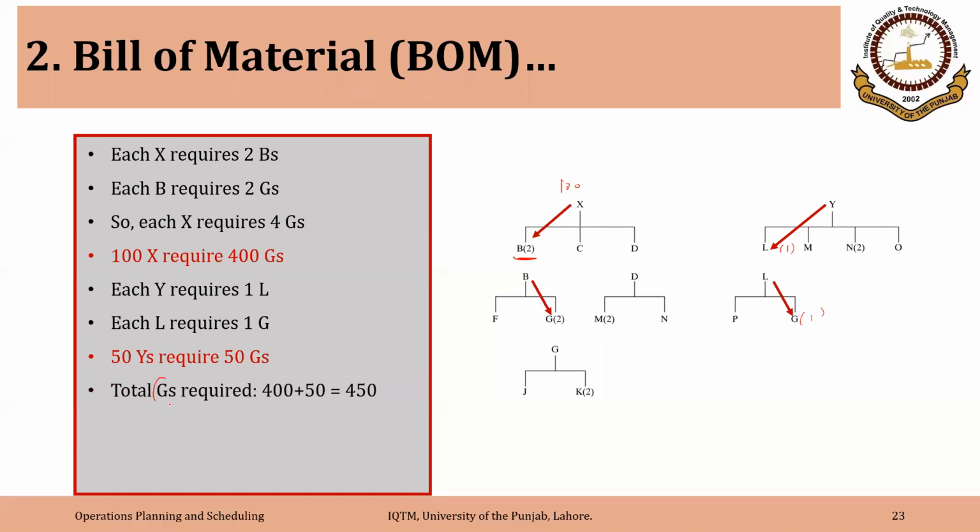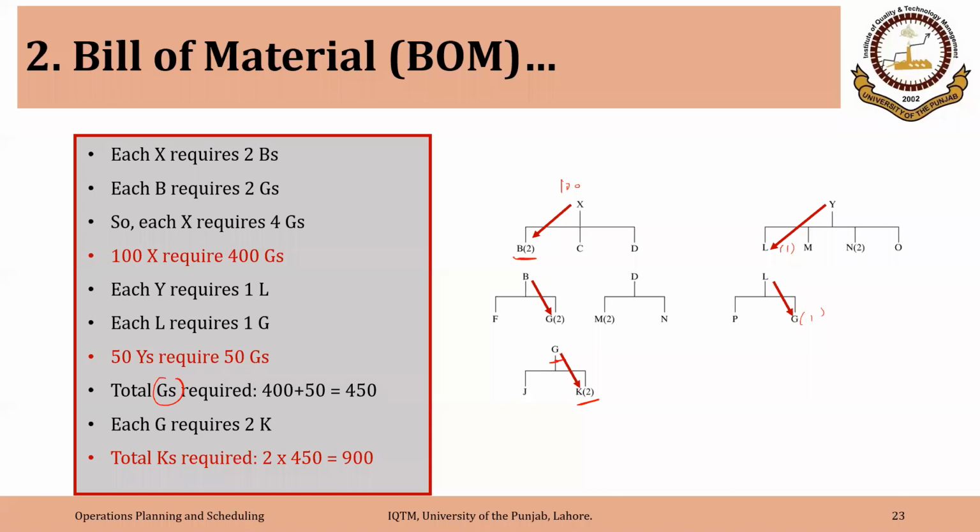450 Gs. And now each G requires 2 Ks. So 450 Gs require 900 Ks. This is a simple process of exploding, using which we can calculate the requirements for components.